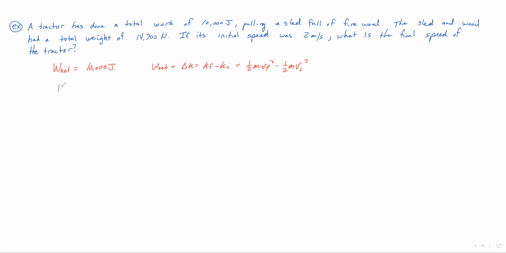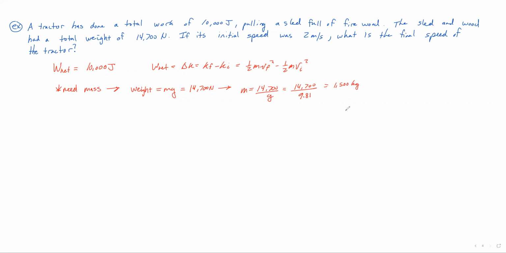So since that's the case, what I need is the mass. All right, so I need the mass of the load. Well, you know that the weight is equal to mg, which is 14,700 newtons, right? So if that's the case, you know that the mass will simply be 14,700 divided by g, which is 14,700 divided by 9.81, which is going to equal 1,500 kilograms.